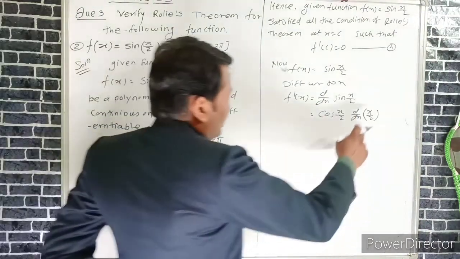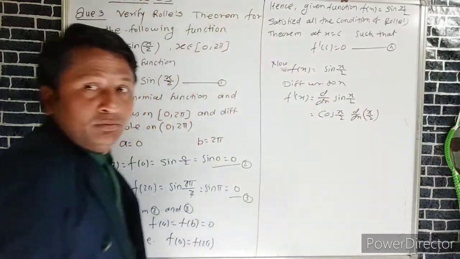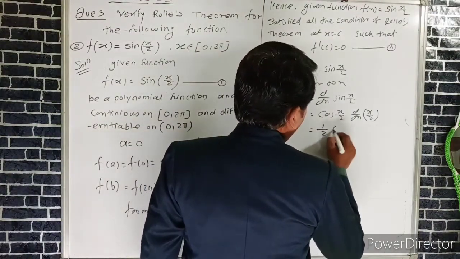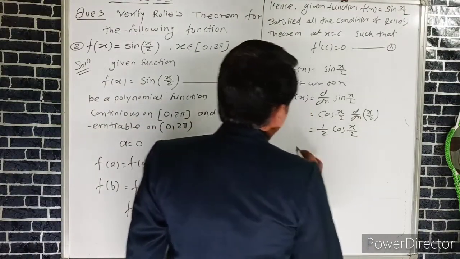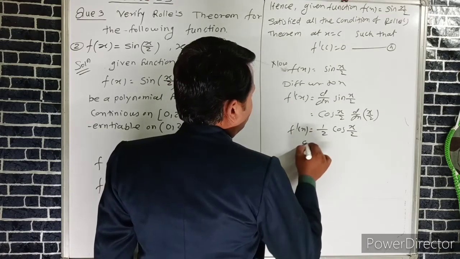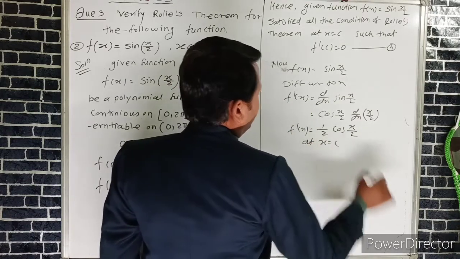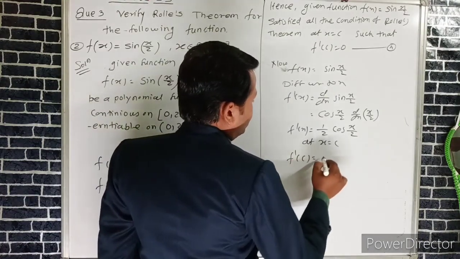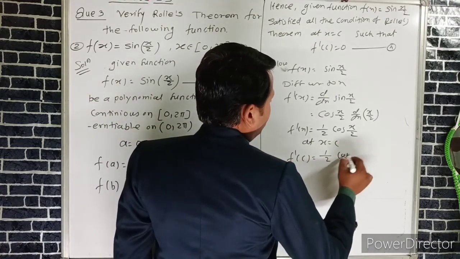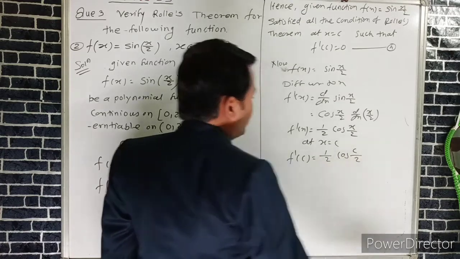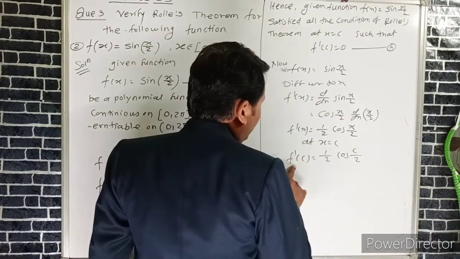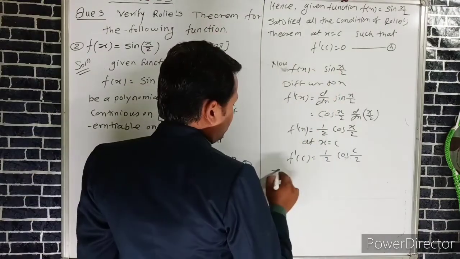So the derivative of x by 2 is 1 by 2, and we can write f dash of x is 1 by 2 into cos of x by 2. At x is equal to c, the value of f dash of c is equal to 1 by 2 cos of c by 2.